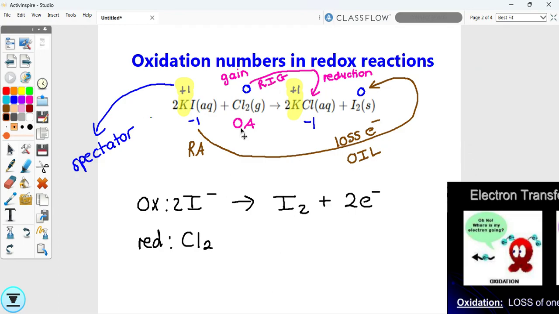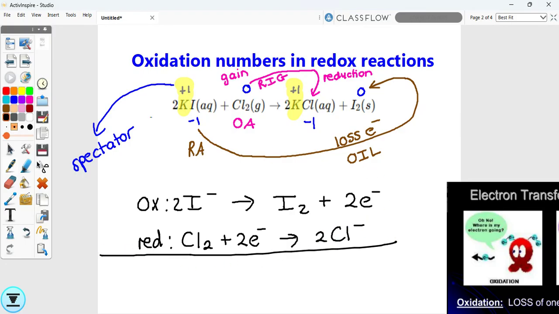Let's check. Yay, we did say it's the oxidizing agent, so everything is perfectly right. And you can copy this reaction from the table as well, or figure it out. Cl2 forms 2Cl minus. And this is an easy one to balance because we've got 2 electrons, 2 electrons. So that means we don't have to worry about multiplying anything.